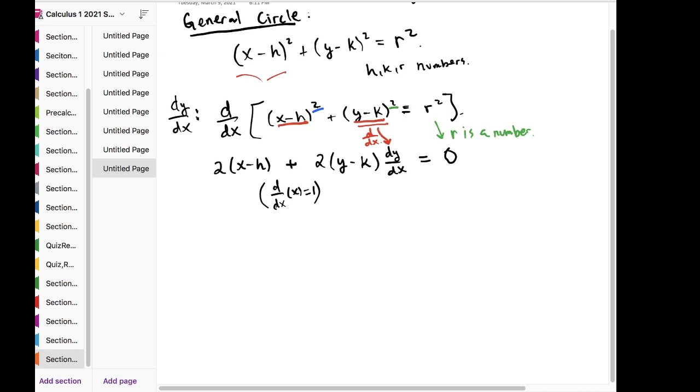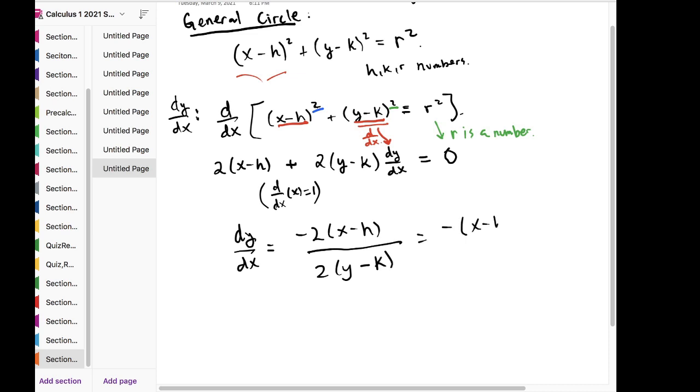Okay, let's solve for dy/dx. By subtracting and dividing, we get this. What's something mysterious about this?